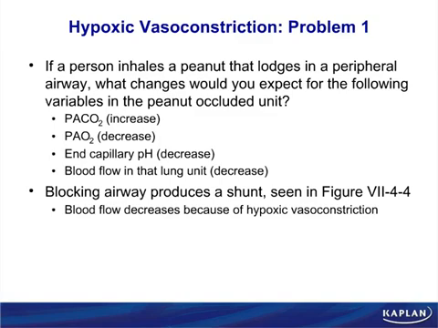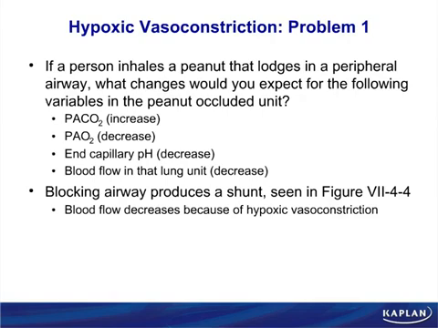The low alveolar PO2 is going to cause hypoxic vasoconstriction. If you think about the rationale for this, why this would be beneficial: I have an area that has poor ventilation. Well, I don't want blood flow to go there. I want to divert it to better ventilated regions of the lung. So that's why hypoxic vasoconstriction is beneficial.